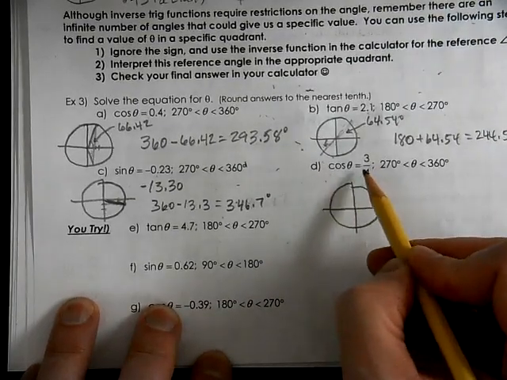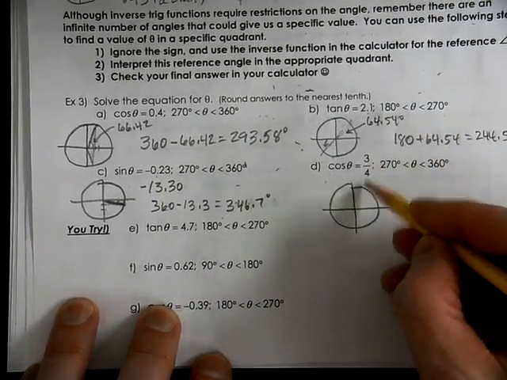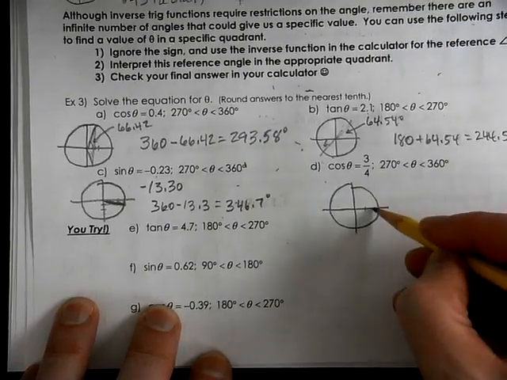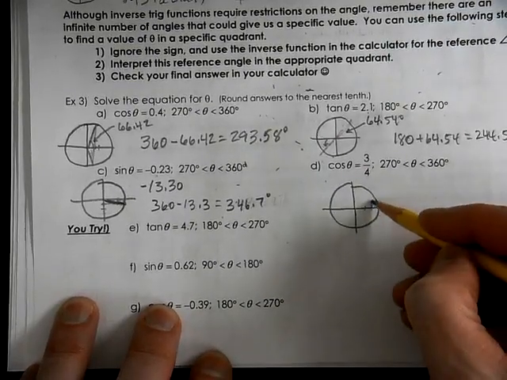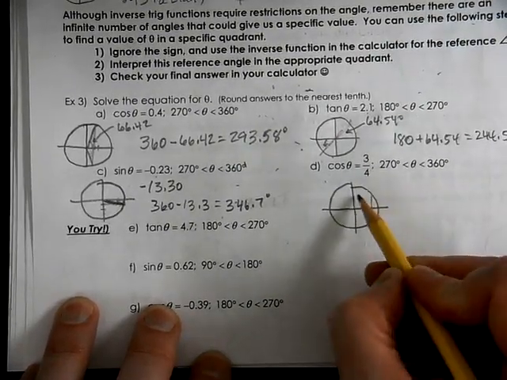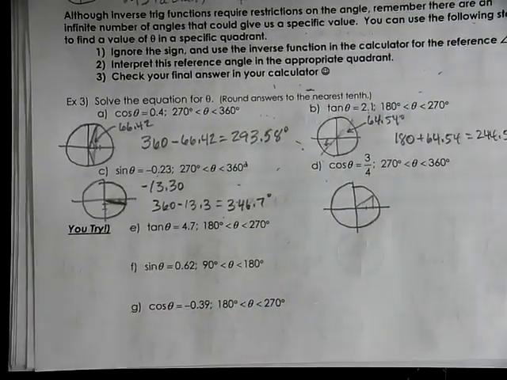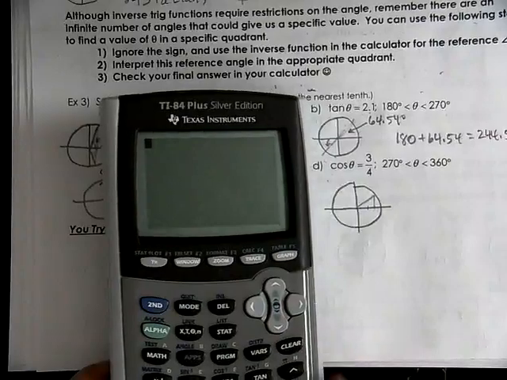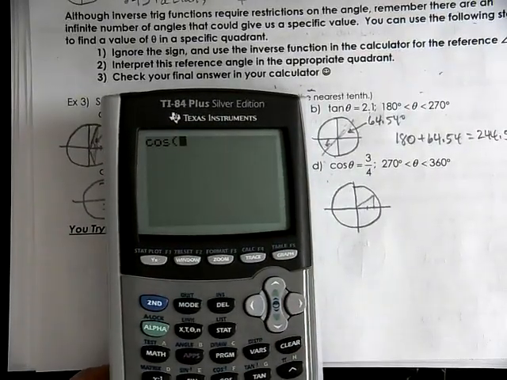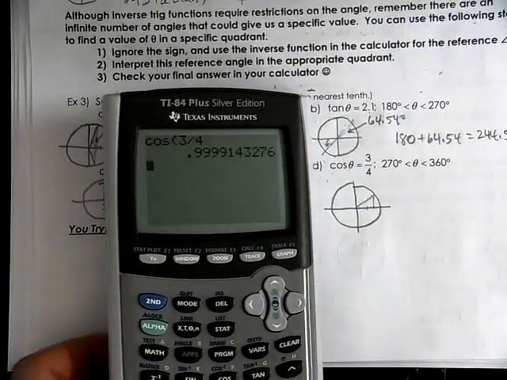So we're looking for a cosine of 0.75, or 3/4. Well, that's a half, so 3/4 is about there. So we come straight up. So we want to know what angle that's going to be. So that's the cosine of 3 divided by 4.